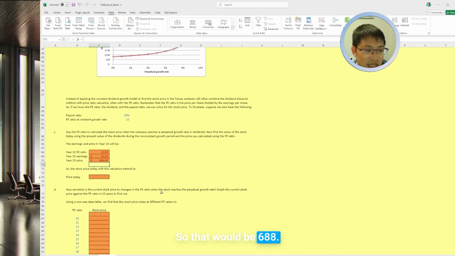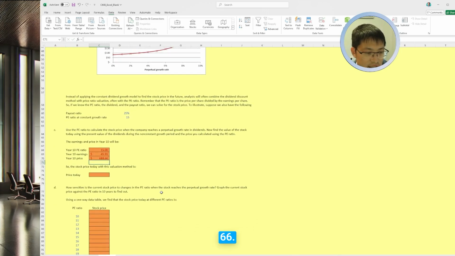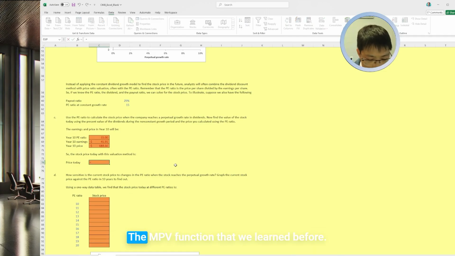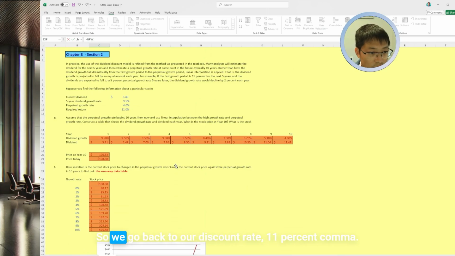So that would be 688.66. For the stock price today, we can simply use the PV function with the discount rate. We'll go back to our discount rate, comma, and then we are going to consider the dividends as well. So that will be C17 all the way to L17.